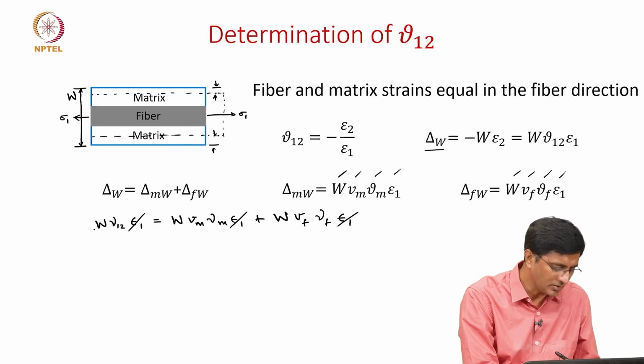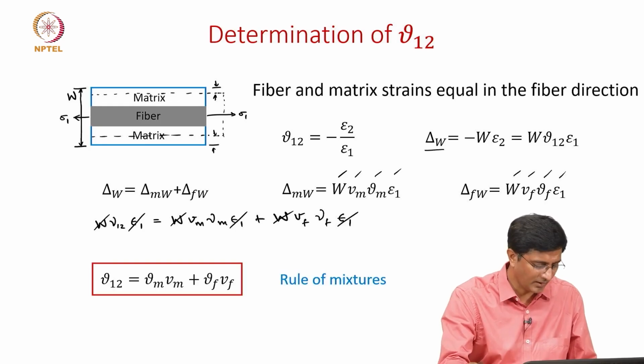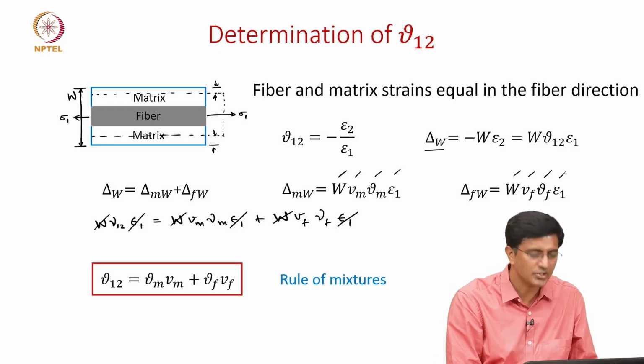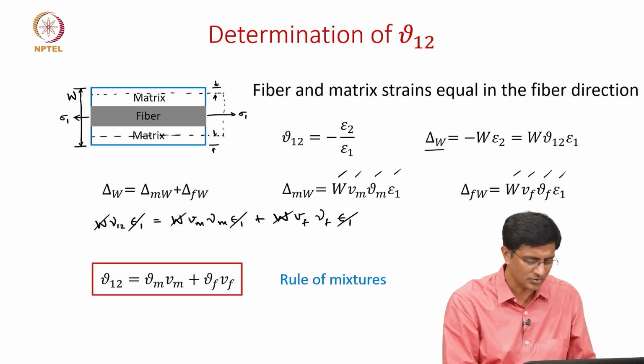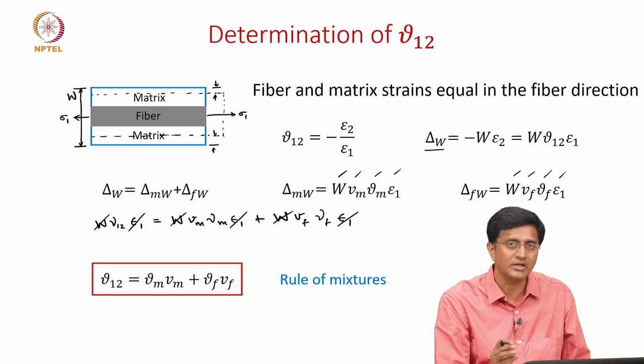Similarly, the width is also there in all terms, so we can get rid of that. After that, we can simplify this expression and write it as the Poisson ratio is given in terms of Poisson ratio of the constituents and the volume fraction of the constituents. Again, we see the expression is the rule of mixtures, what we have been seeing for E1 as well.